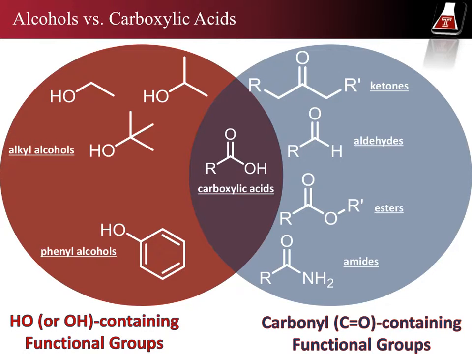Okay, so this is when you have an OH in which the oxygen is bound to a carbon that is not a carbonyl carbon. Okay, here we have phenol or phenyl alcohol. You'll note that the OH group, the oxygen, is attached to a carbon. It does have a double bond, so it's sp2 hybridized, but that double bond goes to carbon, not oxygen.